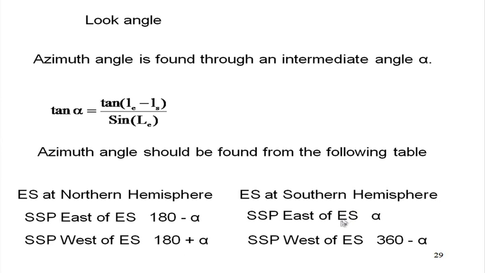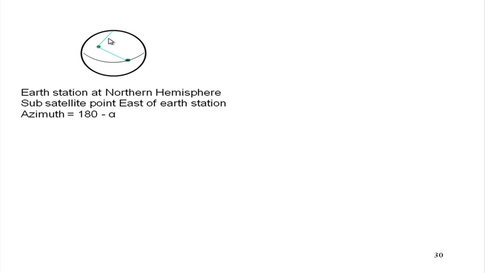I will try to do it briefly. Let us say this side is north and this is the equator, this is the northern hemisphere, and your sub-satellite point is here, a station is here. So, the azimuth will be from north to this angle. Whatever alpha you find will be 180 minus alpha. That means alpha is this side angle, which I have not drawn here.